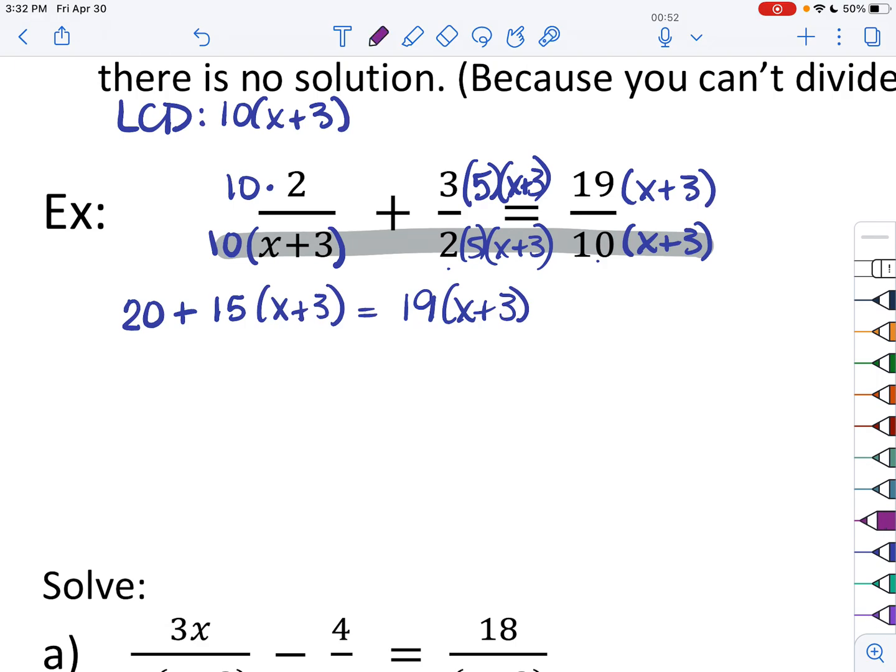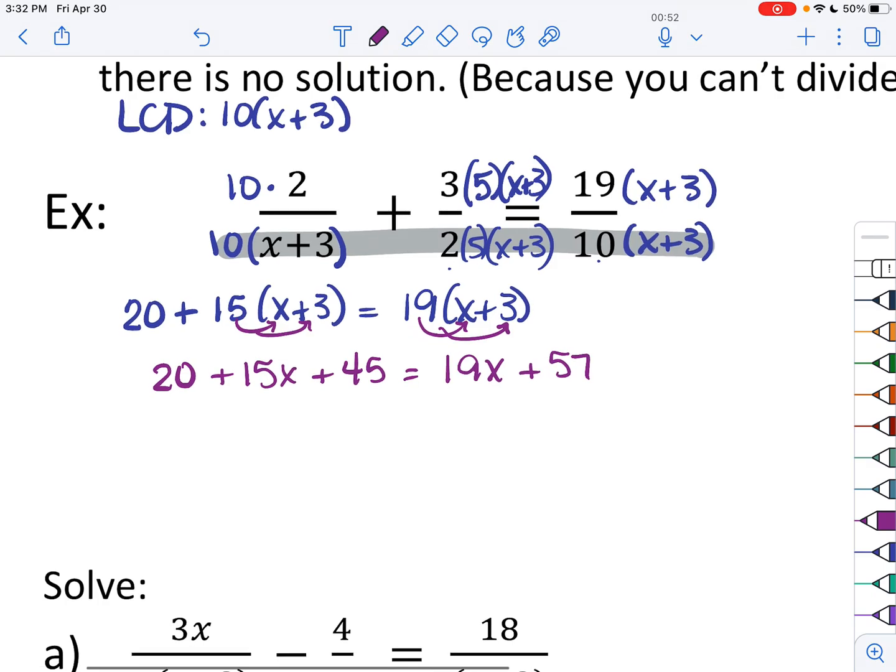So now if I go to my 15, I'm going to distribute that and distribute my 19. So I have 20 plus 15x plus 45 equals 19x plus 57. Okay, well, on the left side, I can see that my 20 and 45 can combine to be 65, right?